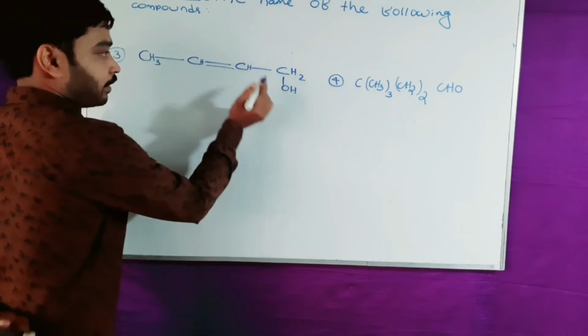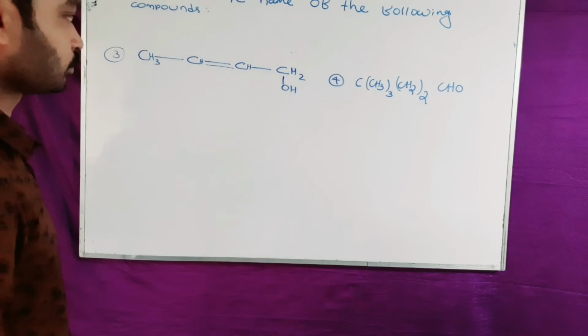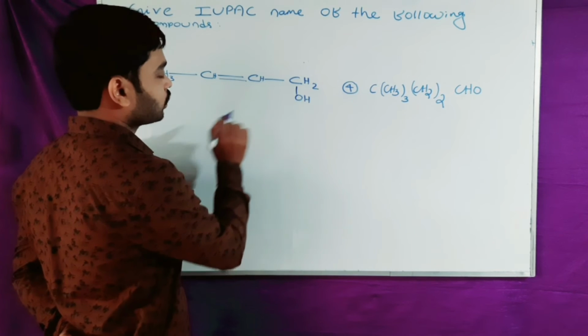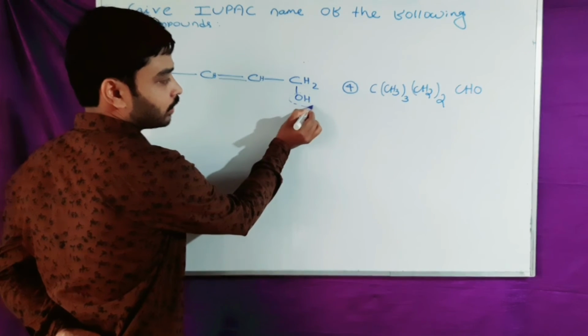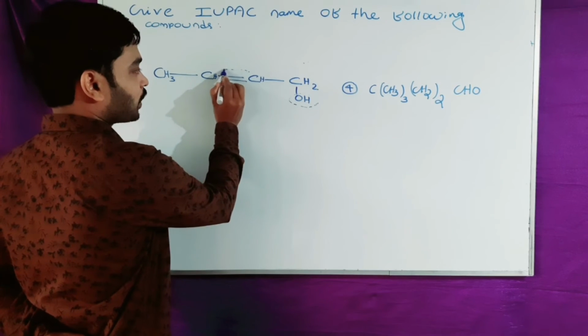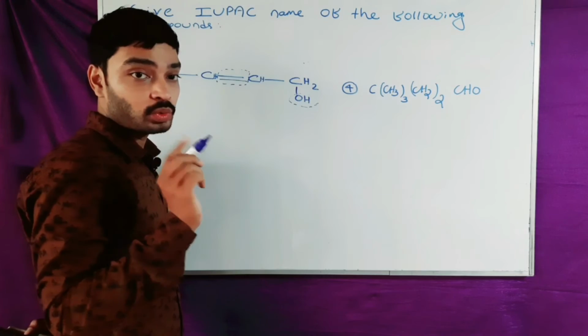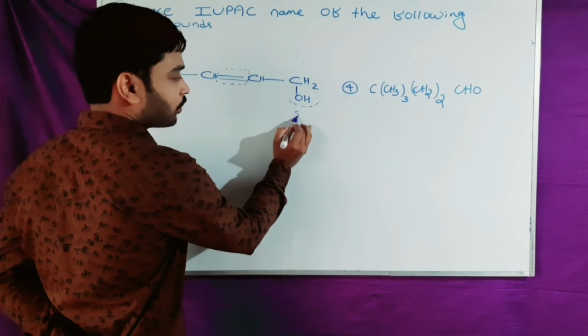So if you have tried, mark that we know among alcohol, it is the functional group of alcohol and it is the functional group of alkene, or the representation of alkene. Among the two functional groups, alcohol is the senior functional group.